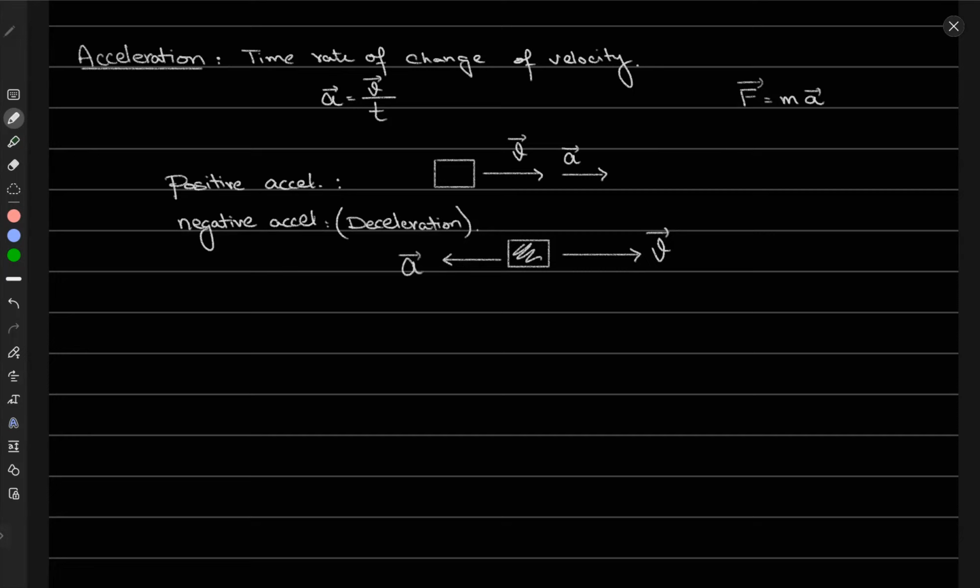In that case, the object is moving to the right, but there is some force trying to pull it back to the left. So imagine that someone is pushing a box, but you're trying to pull it back towards yourself. What is happening? You're slowing the box down. You're decreasing the velocity of the box. So the velocity will start to decrease in this case, right? So negative acceleration decreases velocity.